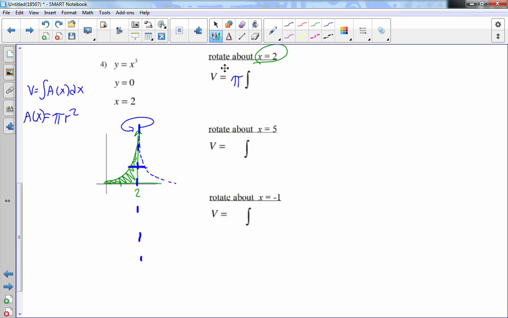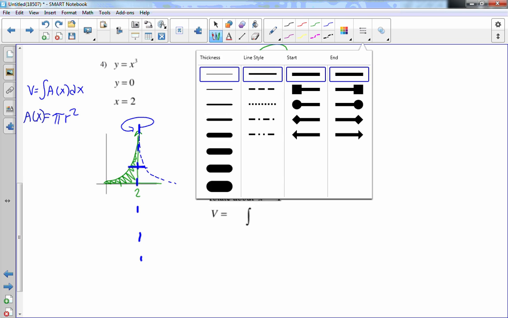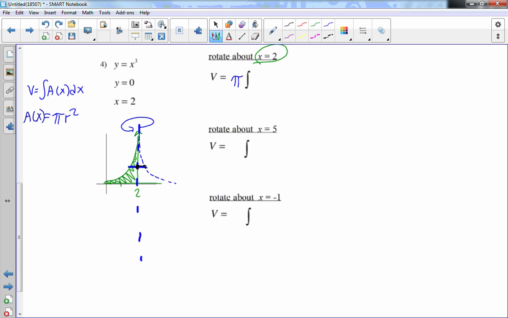Now the radius is only half of what I do. The radius is from there to there. Top minus bottom usually, but in this case, since we're doing with respect to y, it's right minus left. The right minus the left, all squared, dy.